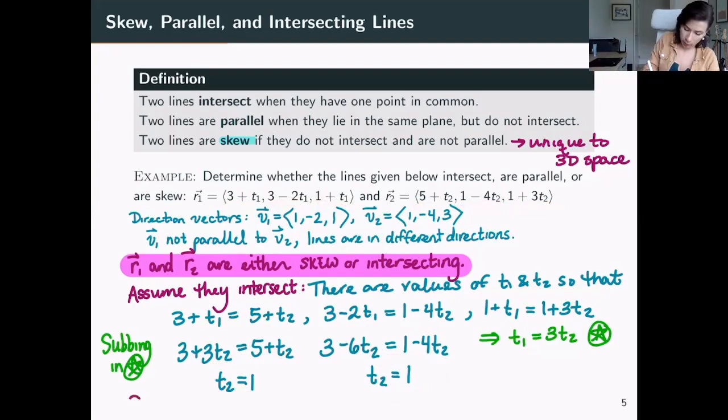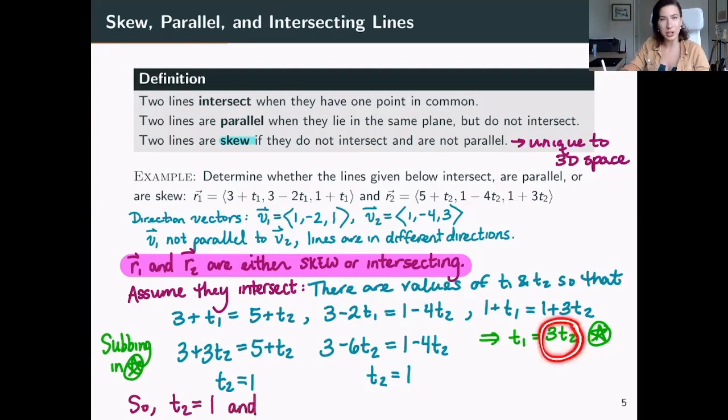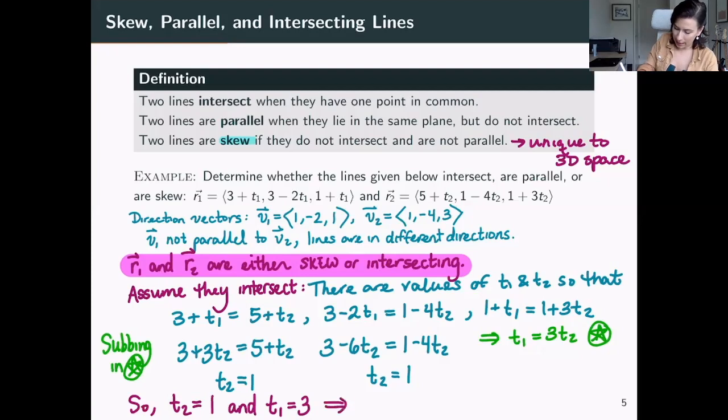So we know that my T2 is going to be equal to 1, and we can substitute 1 into this equation, and so I would have that my T1 would be equal to 3. Now that I have those as my parameters T2 and T1, this means that for my point of intersection, I can plug these parameters into one of my lines.